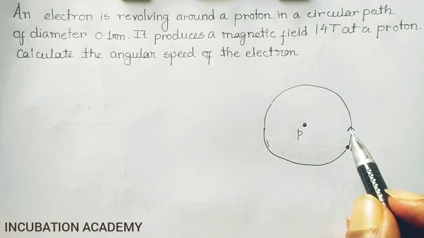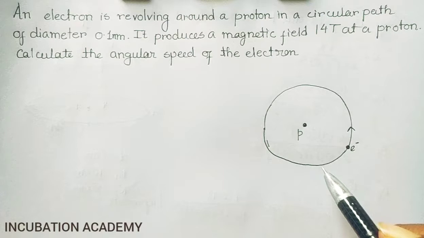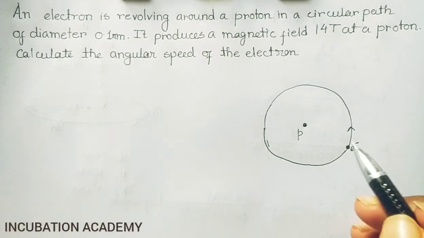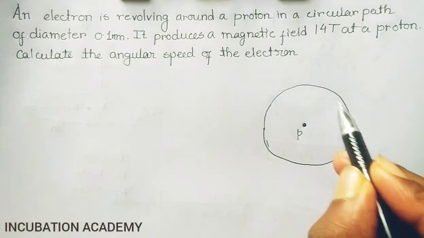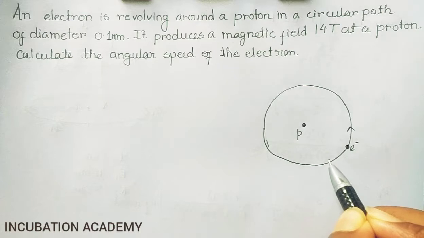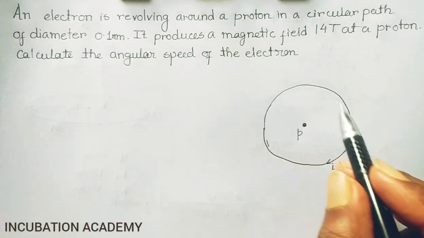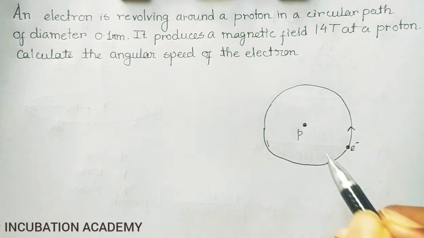Since the charges are moving, a magnetic field is produced. If the electron is moving in that direction, then according to convention, the current is flowing in the opposite direction in this circular path.